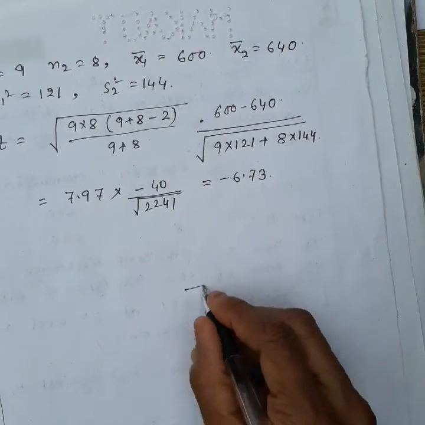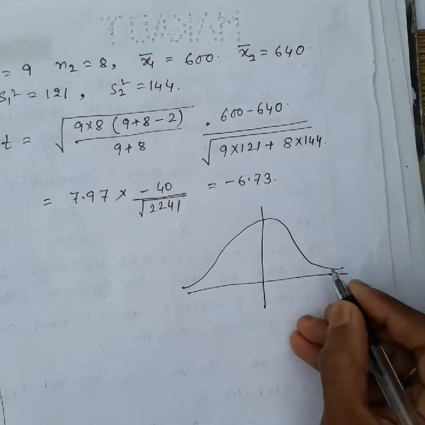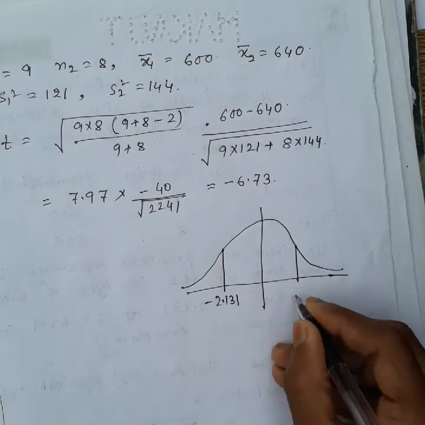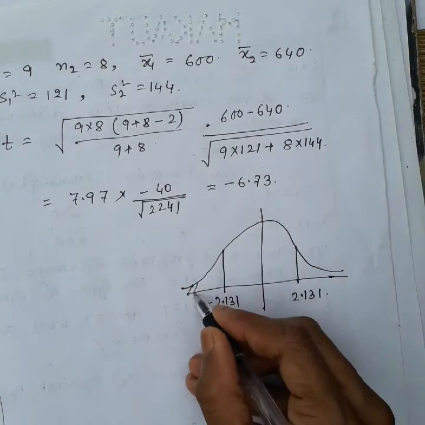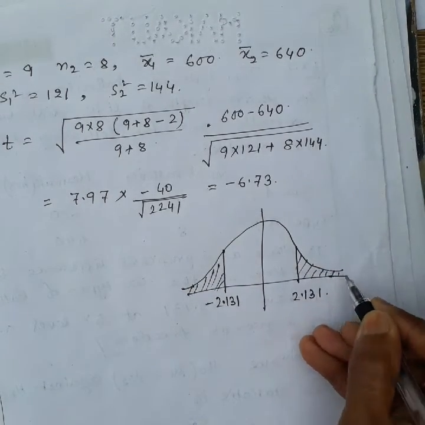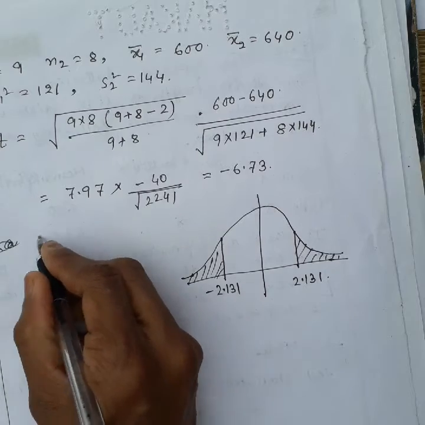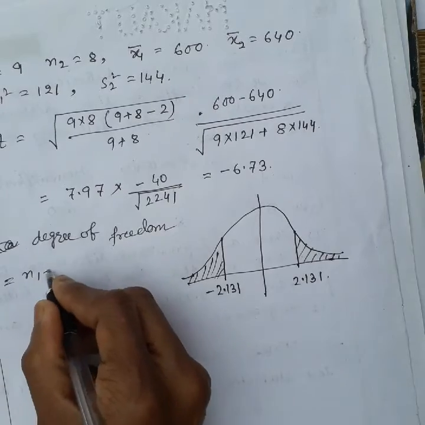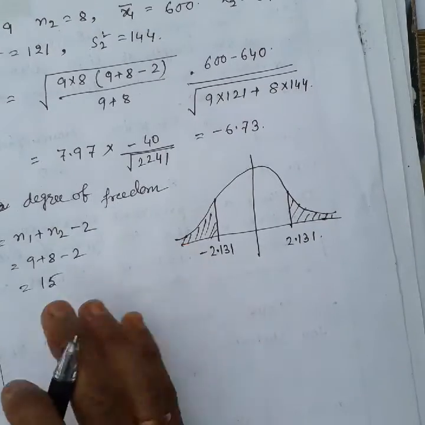Okay, and from the given value, here the degree of freedom is n1 plus n2 minus 2, that is 9 plus 8 minus 2, which is 15.